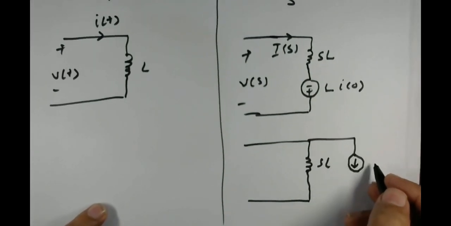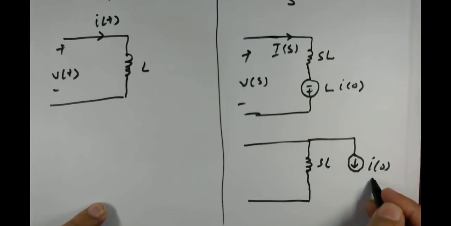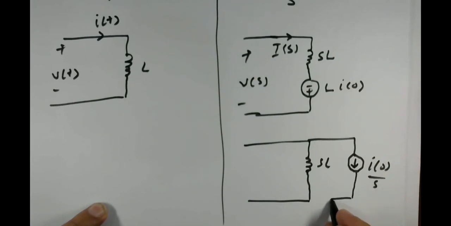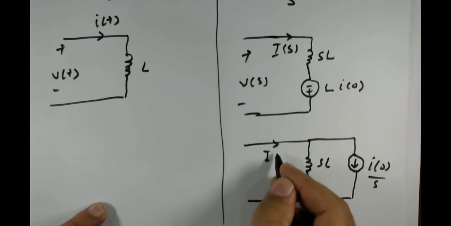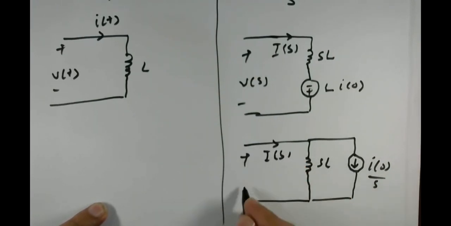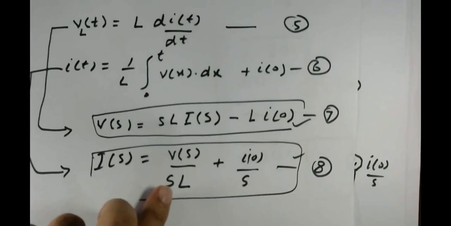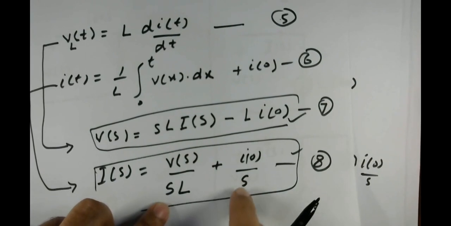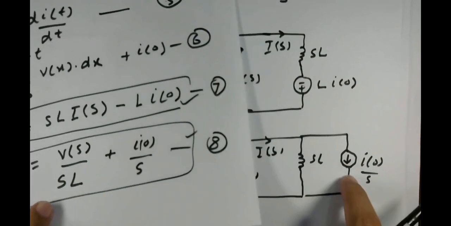So this will be I of 0 by S. Here you have your I of S, and here you have your V of S. Look closely, this is your equation 8.